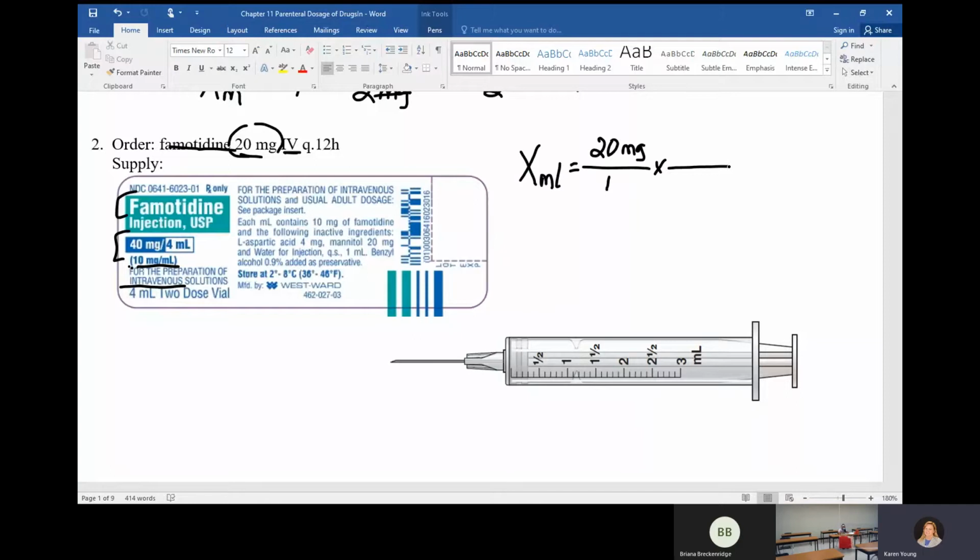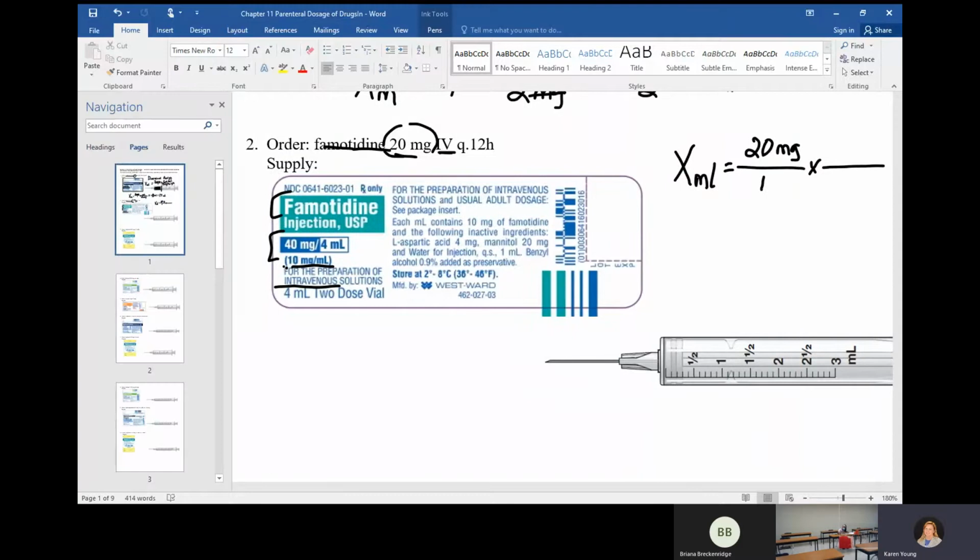Because remember, they're equivalent measurements, equivalent doses. Does it matter which one I use? No, it doesn't matter. I can use either one. Personally, I like going with the 1 milliliter. It's less math. But we can go either way.